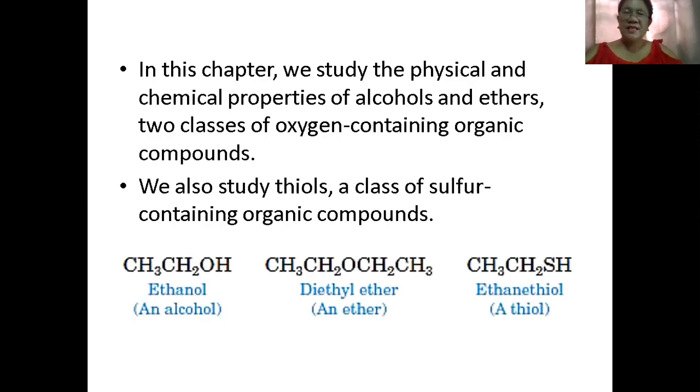As you can see here, this first one is an alcohol. It is ethanol. Later on, you will be guided on the naming of alcohols, how they are named. It's almost the same as the alkanes and alkenes. This is an alcohol. This is an ether.